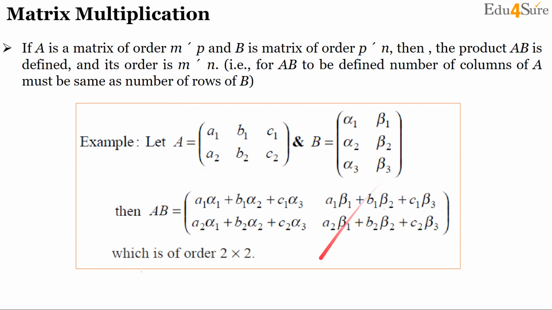So let me write it down here. So here you can see it is 2 rows and 3 columns, and this is 3 rows and 2 columns.